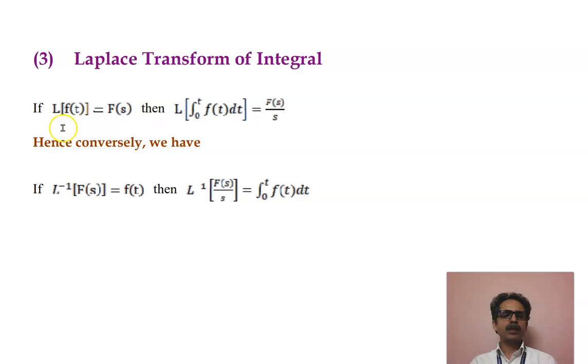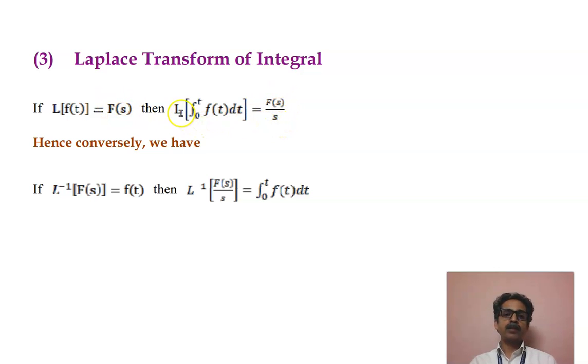That means if the Laplace transform of function small f of t is known as capital F of s, then the Laplace transform of the integral of that function f of t with respect to t from the limit 0 to t is simply obtained by dividing the right hand side, capital F of s, by s.